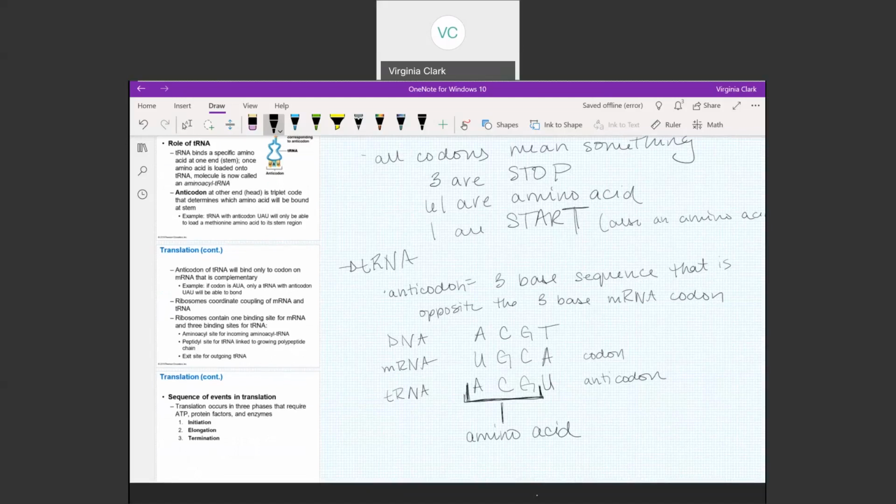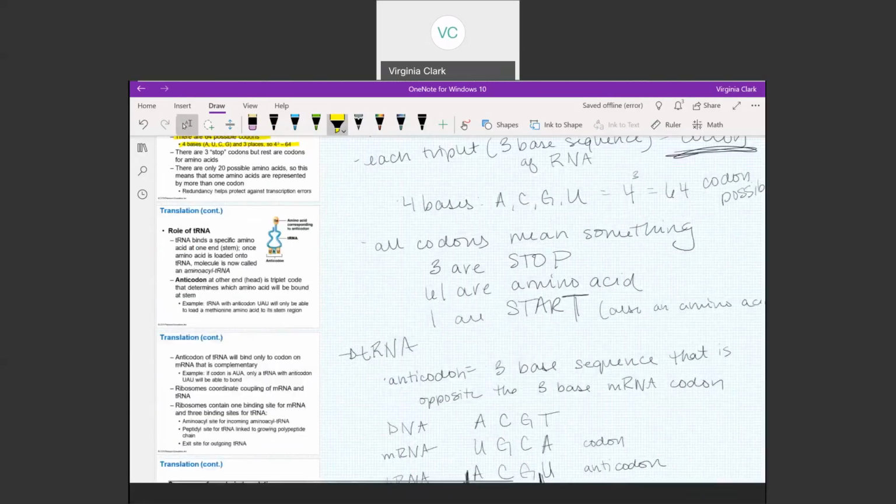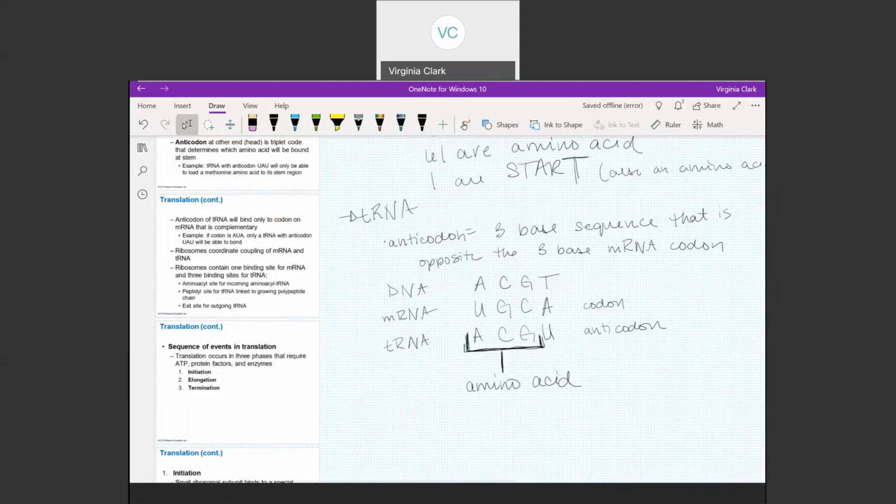So when I say that 61 code for an amino acid, we mean this right here is coding for an amino acid. So tRNA has this weird little shape like this, where you're going to have your 1, 2, 3, that's your anticodon, and it's attached to an amino acid. So if you take this guy right here and flip him upside down, you're going to have your amino acid, and he is attached to a 3-base sequence of A, C, G. So that is how you're actually going to get this tRNA. It's a very complex, complicated system.